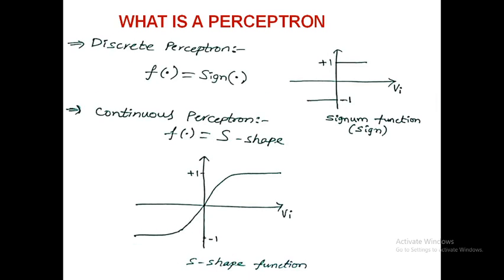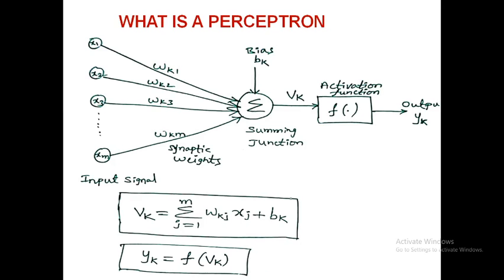In this perceptron concept, you have discrete perceptron as well as continuous perceptron, and even multi-category perceptron. If you combine both of them, you can get multi-category perceptrons. In the discrete perceptron, the summed output Vk is the input to the function f, which is the activation function, right?